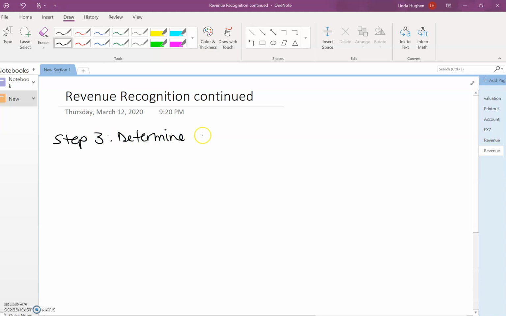In most situations, it's going to be easy to determine the transaction price. So, of course, we're going to look at some areas where it's not going to be so simple. What are some things that we need to consider? We need to consider variable consideration.